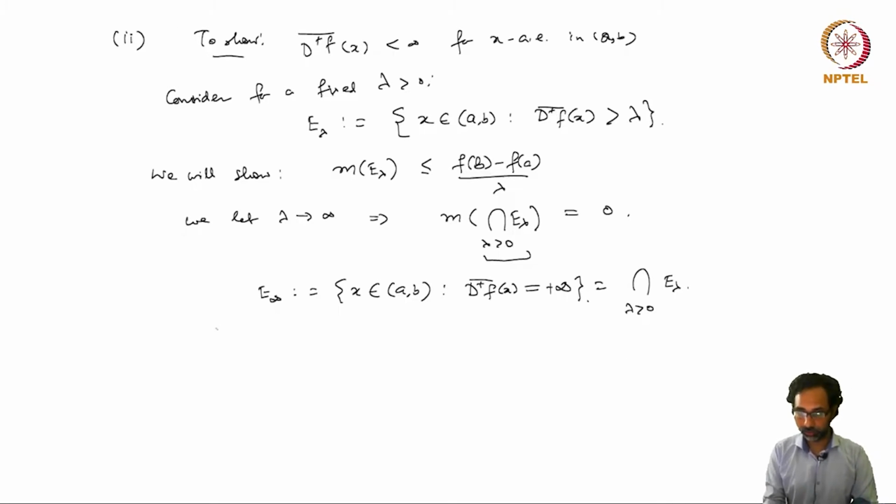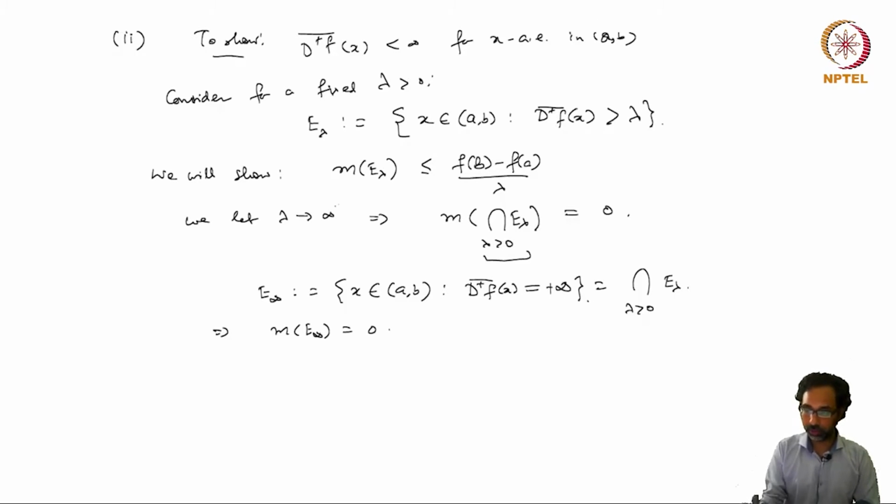So this will show that the measure of E infinity is equal to 0. So we would have proven that the upper Dini derivative is finite for almost every x in AB.